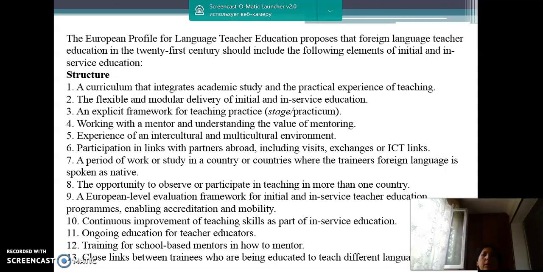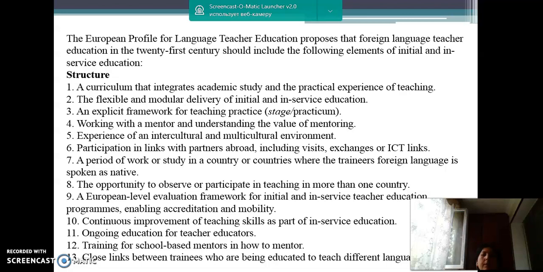Experience of an intercultural and multicultural environment. Participation in links with partners abroad, including visits and exchange of ICT links. A period of work or study in a country or countries where the target foreign language is spoken as native. The opportunity to observe or participate in teaching in more than one country.